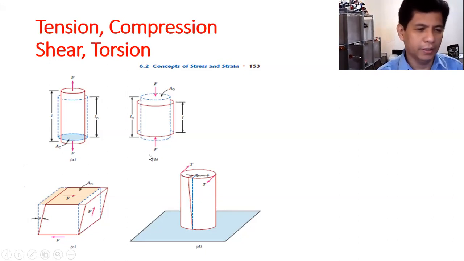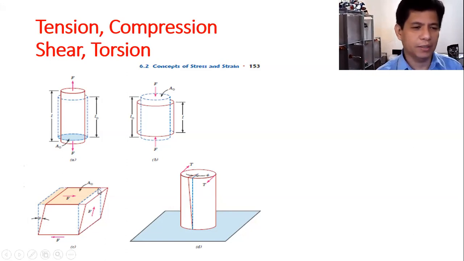And then finally, we have this kind of force wherein the force acts parallel to the area of contact, A sub O. This is known as shear force. So F divided by A sub O, for this particular example, would be shear stress.